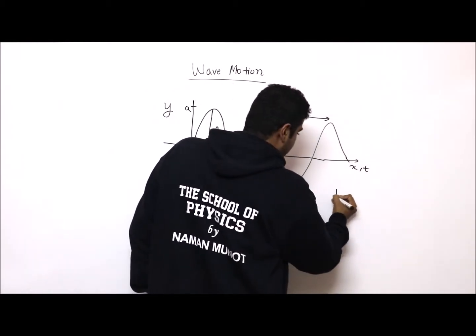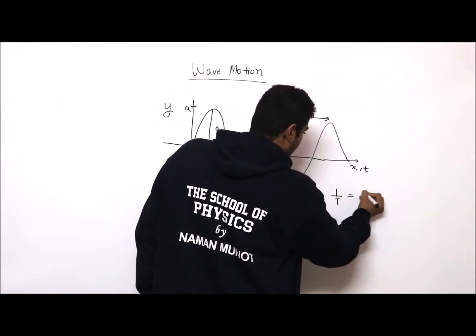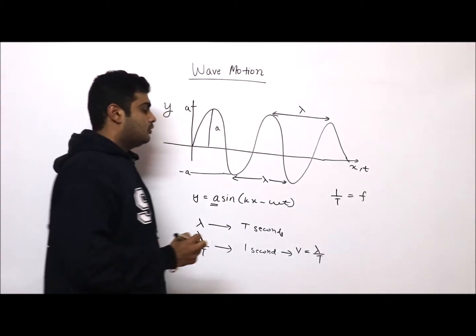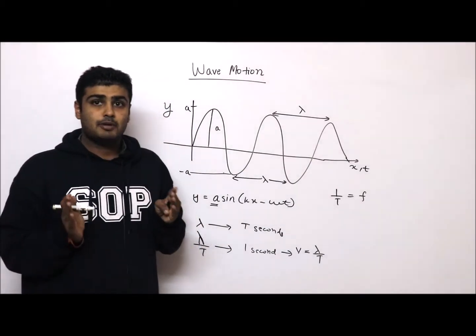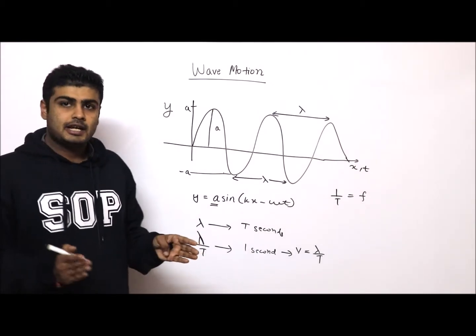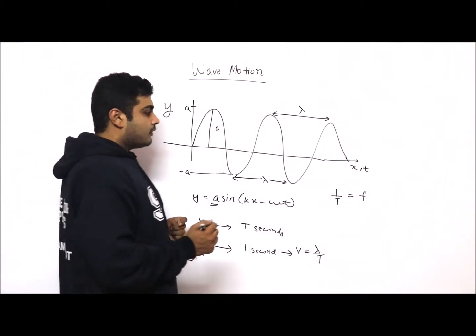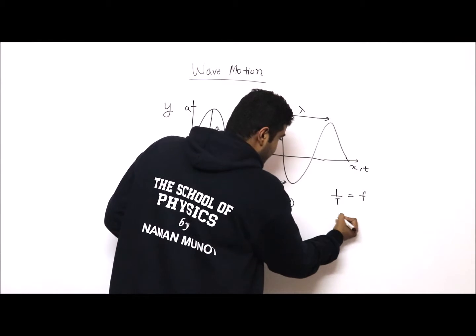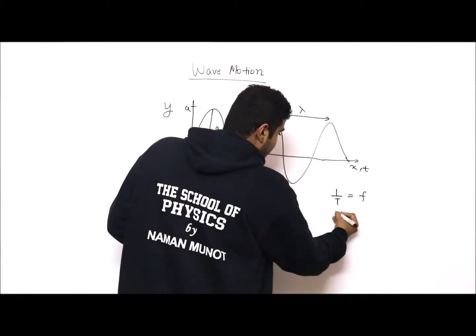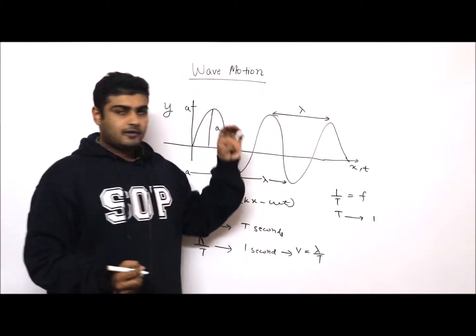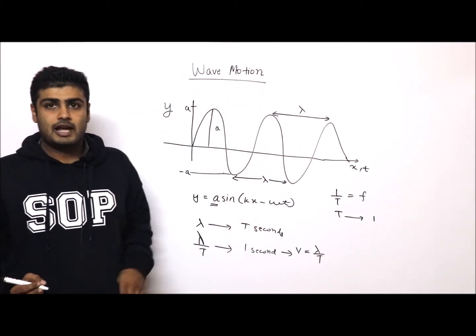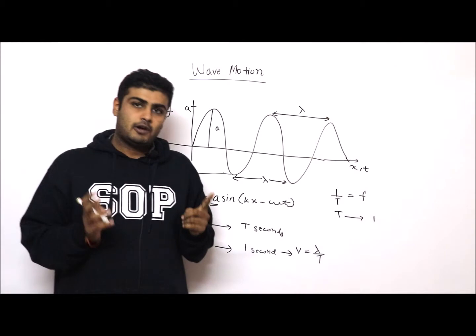Now 1 by T is equal to frequency. What is frequency? In T seconds the wave covers 1 oscillation. T is the time period required to cover 1 oscillation.